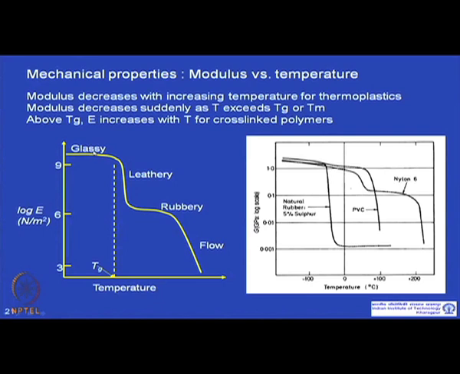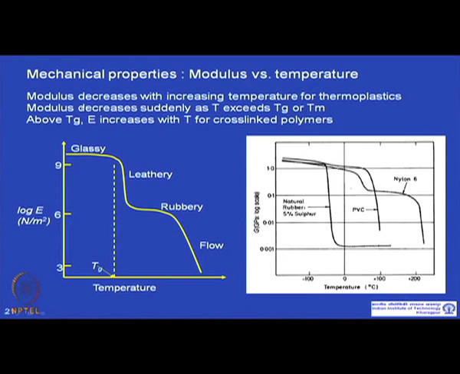As we know, polymers undergo glass transition and melting transition at elevated temperature. For example, a purely amorphous material undergoes glass transition at Tg, whereas semi-crystalline polymers undergo both glass transition and melting, at Tg and Tm subsequently. So, the modulus also changes with temperature.